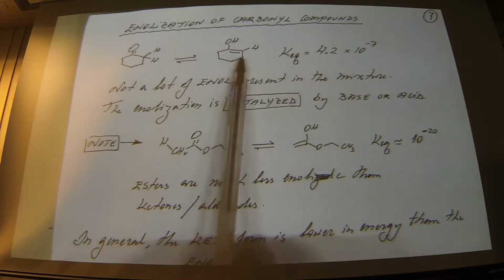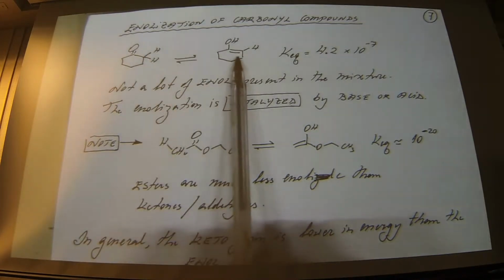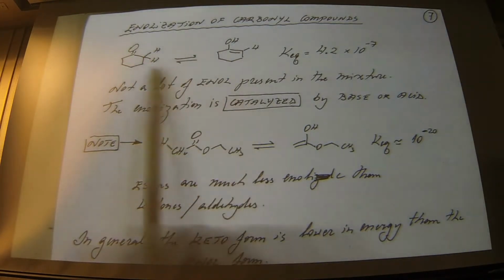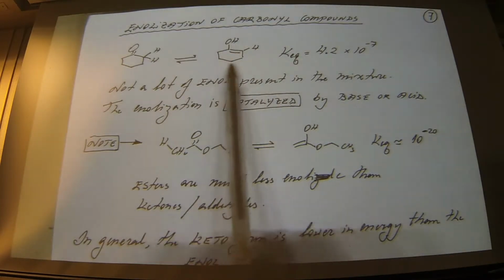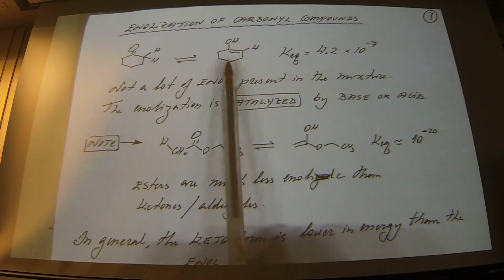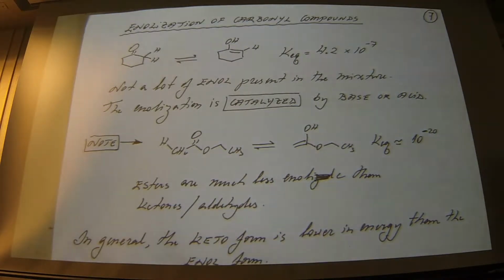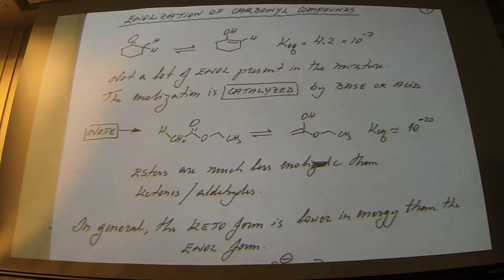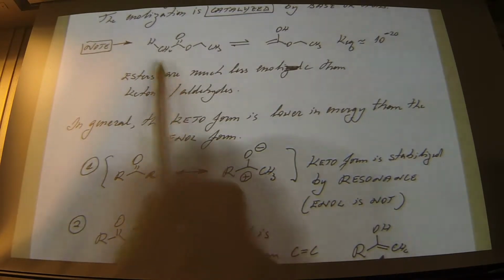So you have less than 1/10% of this stuff. At equilibrium, it's pretty much all here, a tiny little bit of that. However, because this equilibrium is being established all the time, even though we have a small amount of this stuff, it can have a dominant effect on the reactivity. Now, there are ways to amplify the amount of enol, but we'll talk about that later.